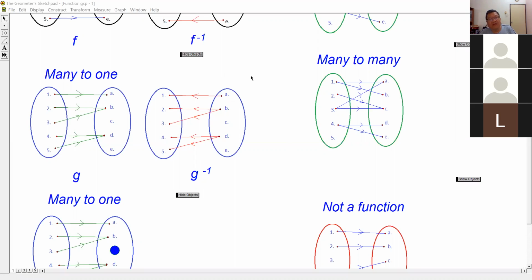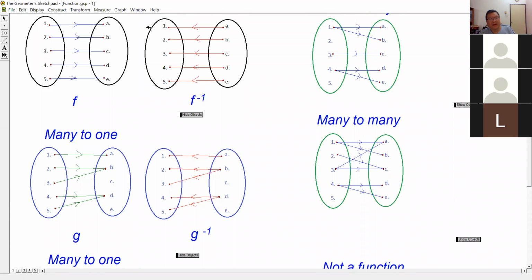So of these two, one-to-one and many-to-one, only for one-to-one is the inverse a function. Many-to-one, although it is a function, its inverse is not a function. That is what I want to tell you: when the function's inverse is a function and when it is not.